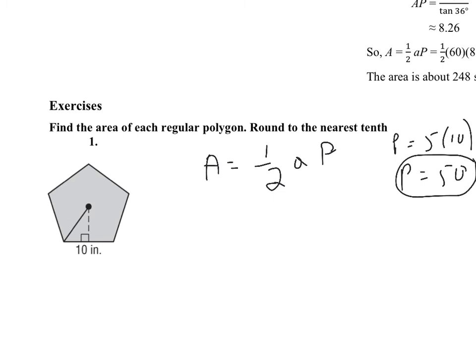The hard thing is, how do I find A? A is this segment, the dotted line. And the question is, how do I find it?